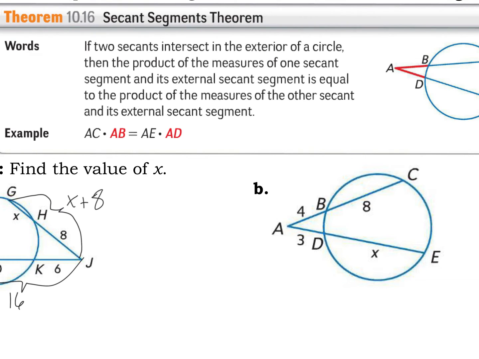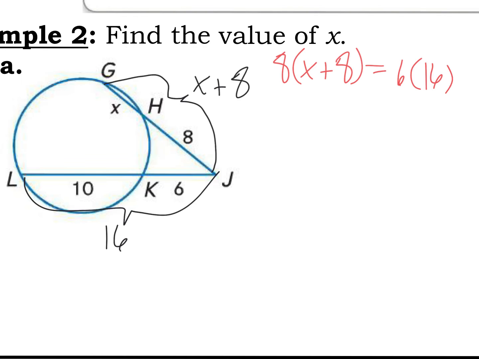We're going to do the total length times the outer one equals the other total length times the other outer one. Okay, so using the external segment 8 times the total segment x plus 8, that's going to equal 6 times the total of 16.